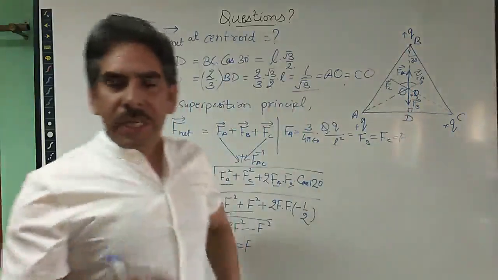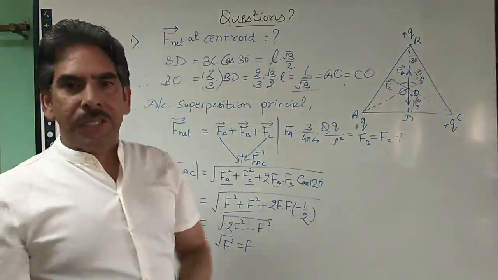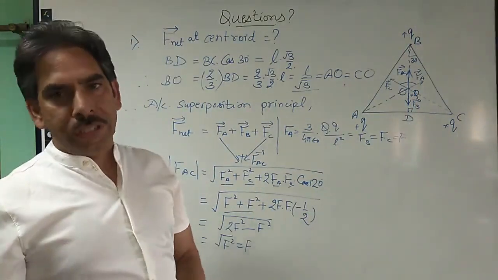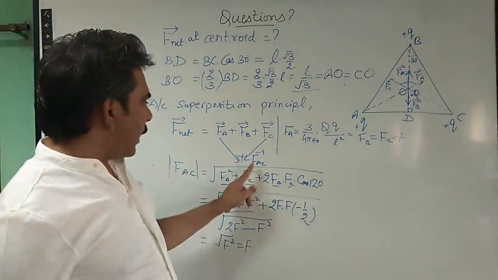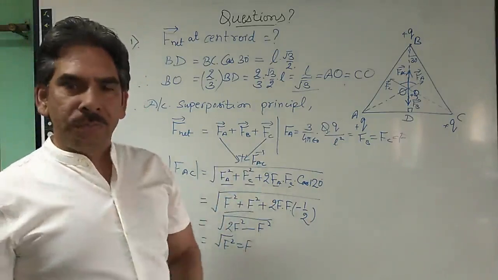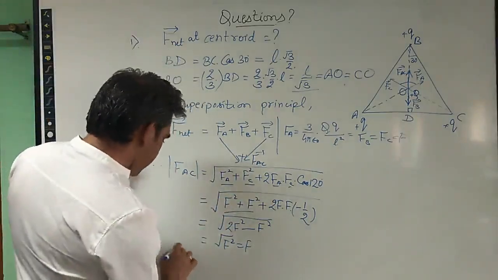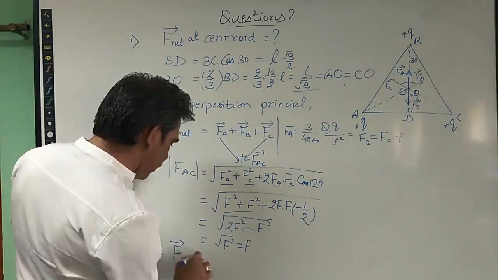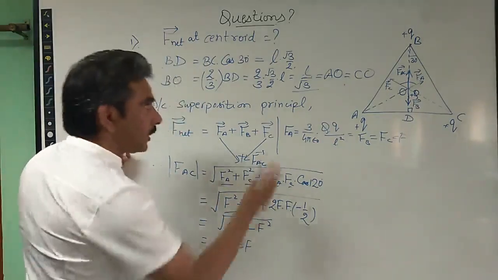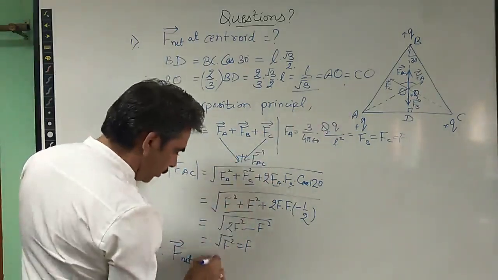Two forces which are equal in magnitude but opposite in direction just cancel out the effect of each other. So the resultant of FAC with FB is 0. So the net force at the centroid of an equilateral triangle in such a case is 0.